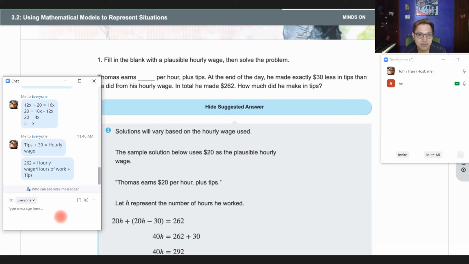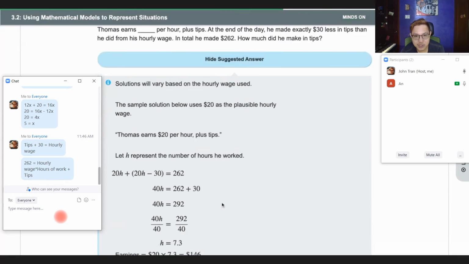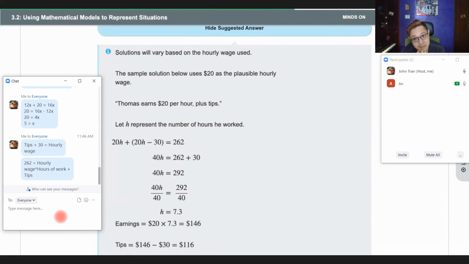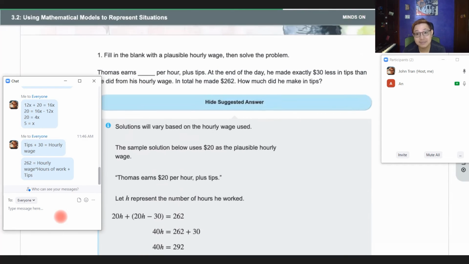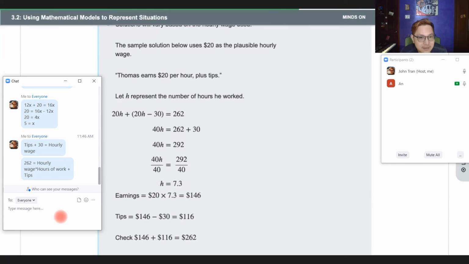The sample solution below uses $20 as a plausible wage. So it means you can choose whichever plausible hourly wage. I got it now. Some questions require you to just choose a random number, like an hourly wage, to solve things. Sometimes they don't give it to you, and you have to choose a random number to put in there. So you got 7.3 hours, and you plug it in.